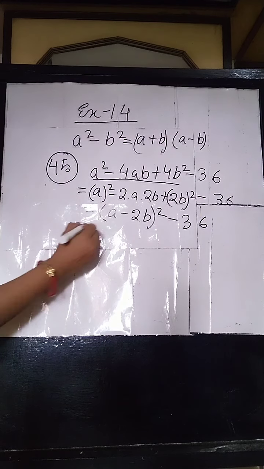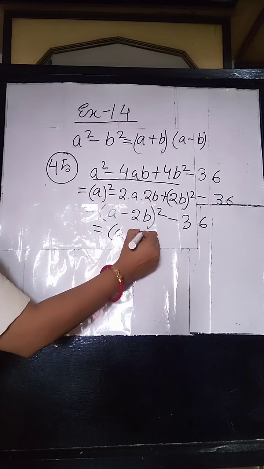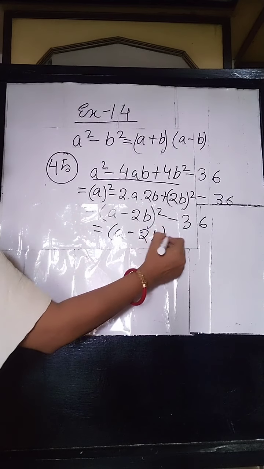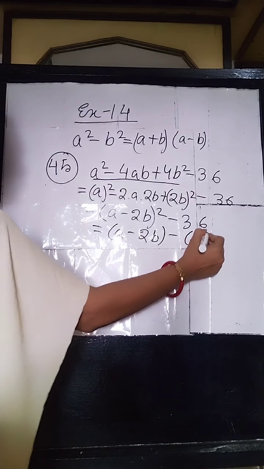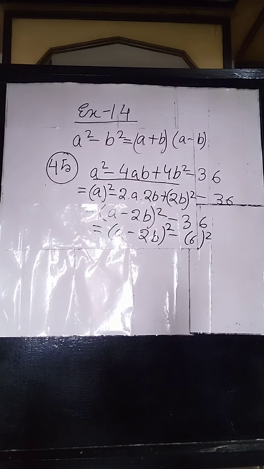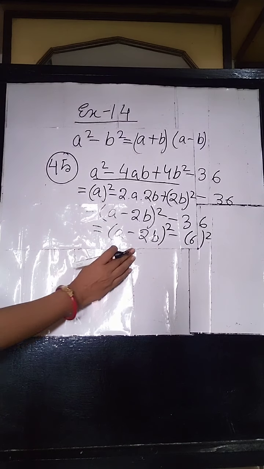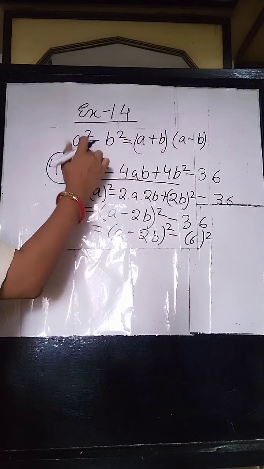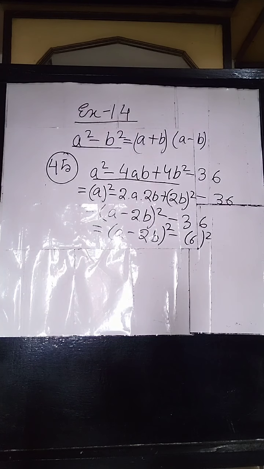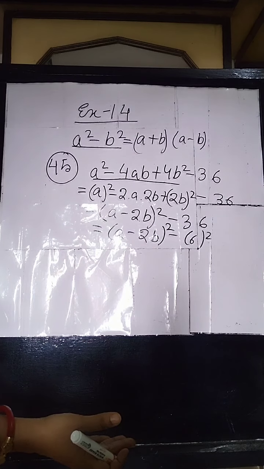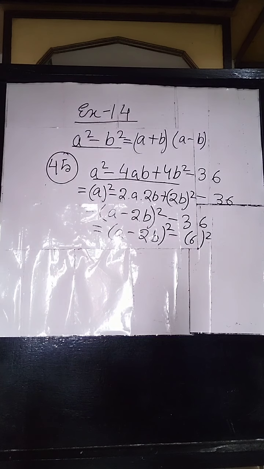Now we will change minus 36 into minus 6 whole square. 36 is the whole square of 6. So now we can see this has transformed into the formula a square minus b square. That means now we can implement the formula a square minus b square over here.